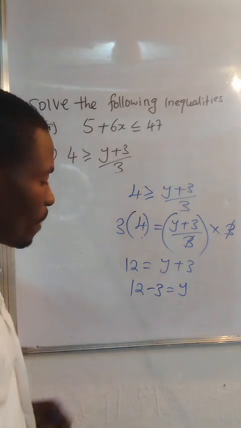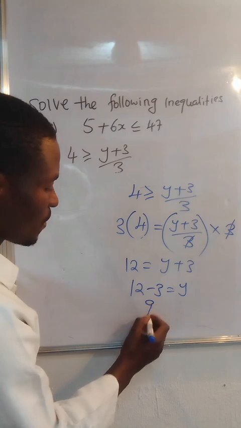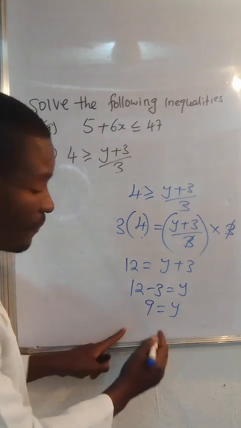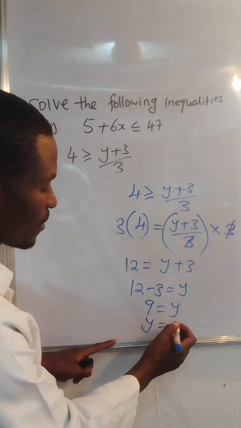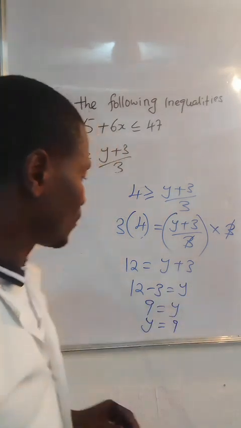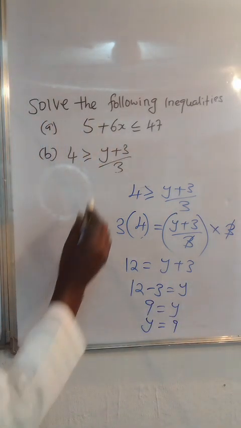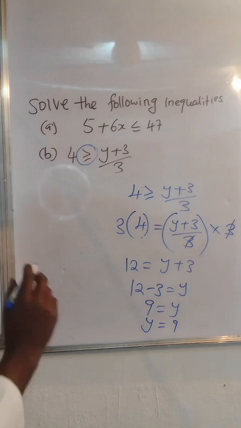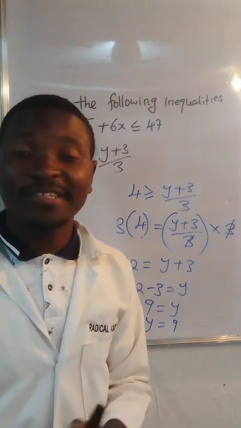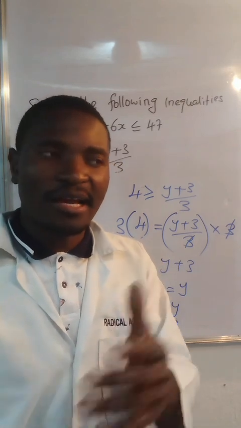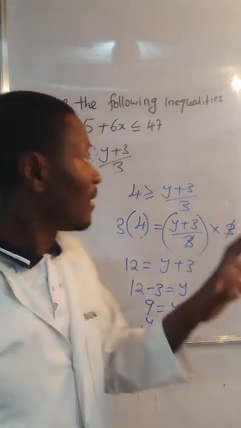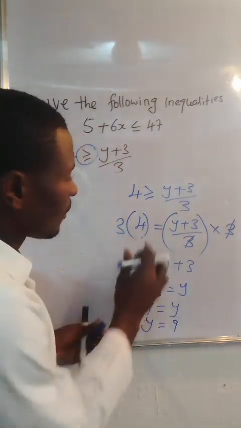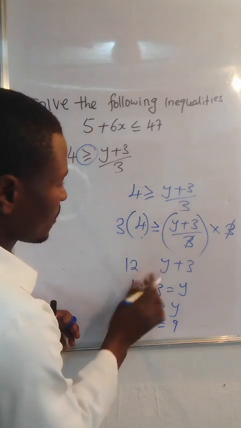So 12 minus 3 is 9, equals y. Now you can just reverse this: y equals 9. Then I have to bring back the inequality symbol.